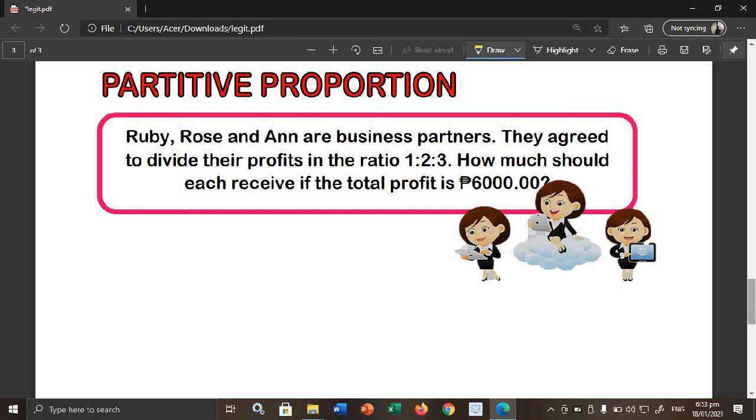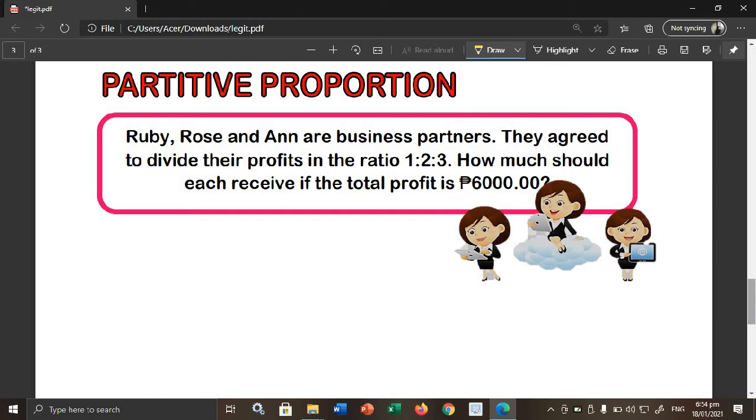So, sa problem, kapag may nakita kayo na number and ratios, therefore, most probably, you need to solve that because that is a partitive proportion. And you need to use a certain method in solving a partitive proportion. So, like this example, no? This problem is an example of a partitive proportion.